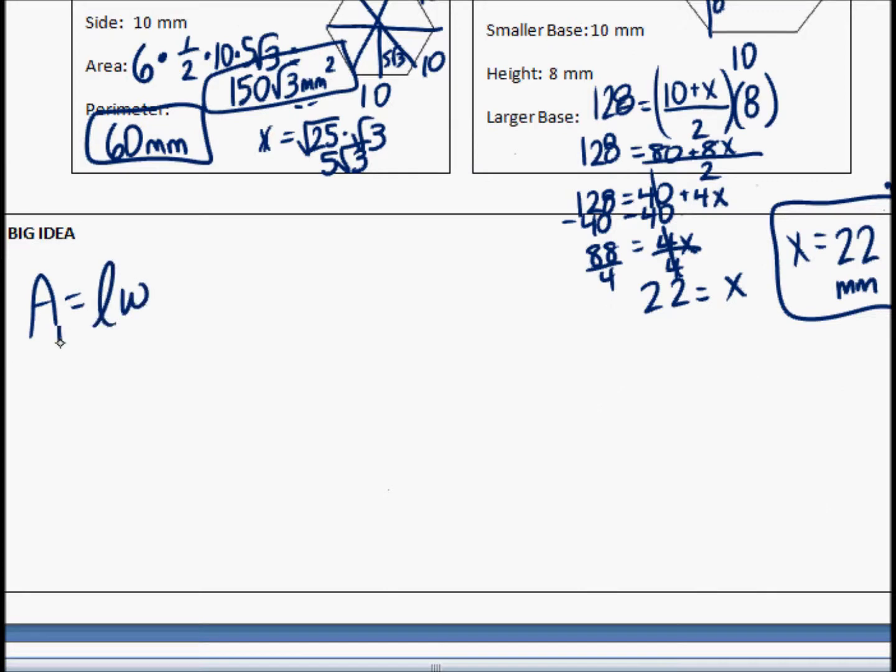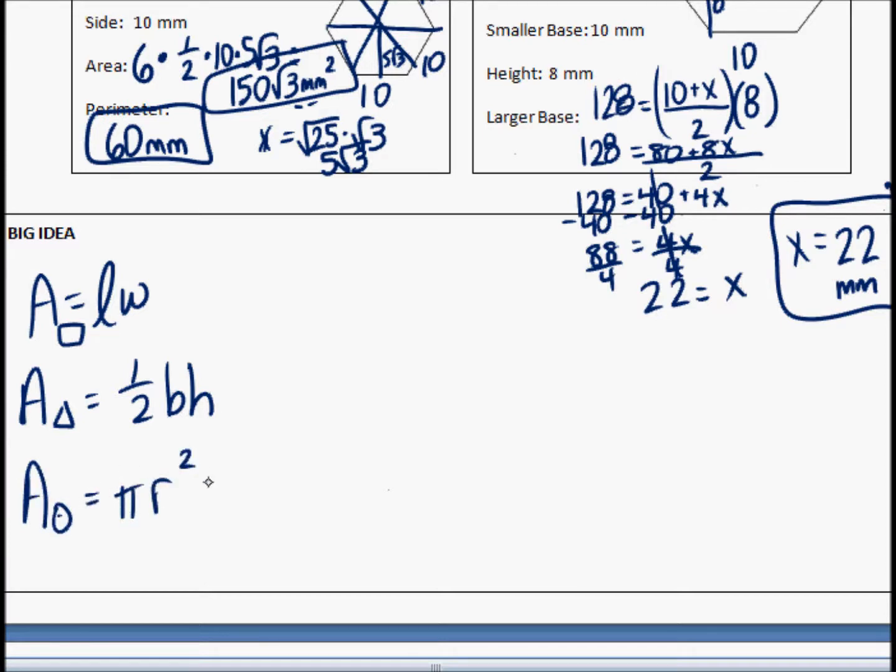Area of a triangle, which is 1/2 base times height. Area of a circle is pi r squared. And the area of a trapezoid, which is the average of the bases times the height.